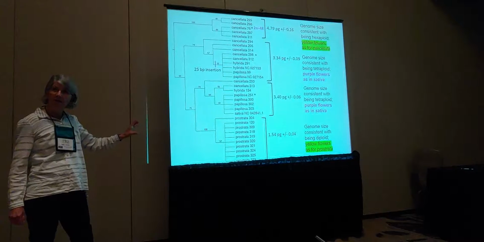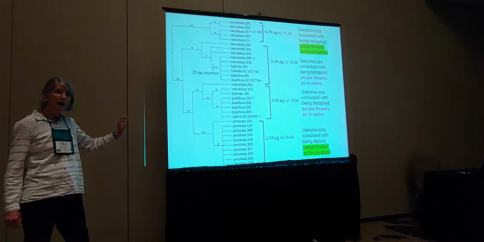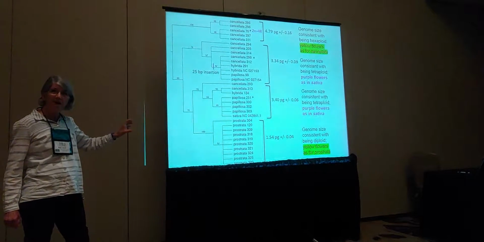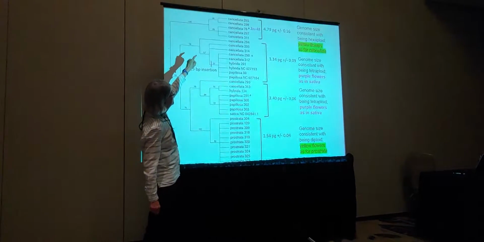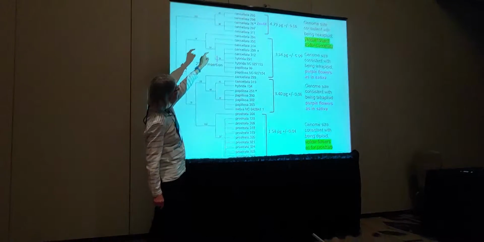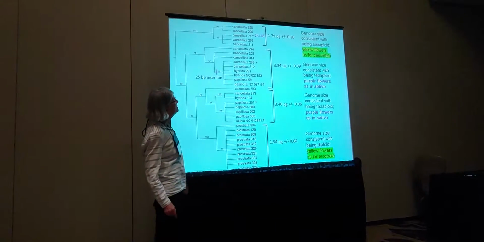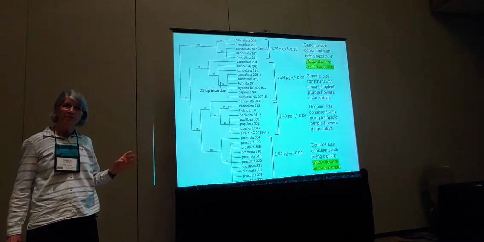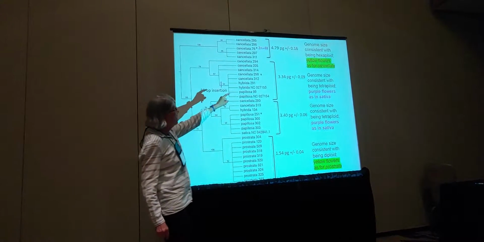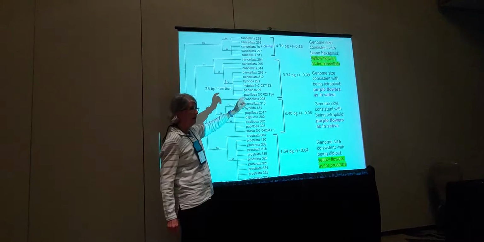So that, again, is another species identification where all of its accessions' identity has been confirmed. And then at the very top, Cancellata, we have a chromosome number for one of those accessions, and that's 4.79 picograms, so it's confirmed as a hexaploid, and it has yellow flowers as for Cancellata.